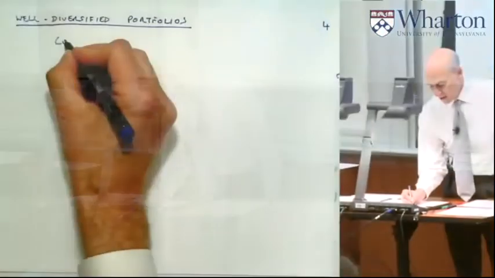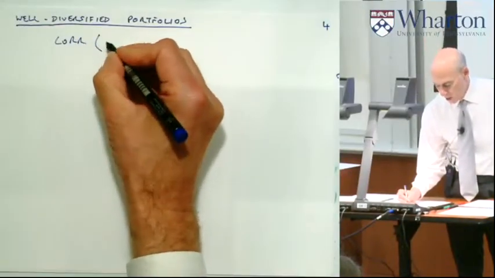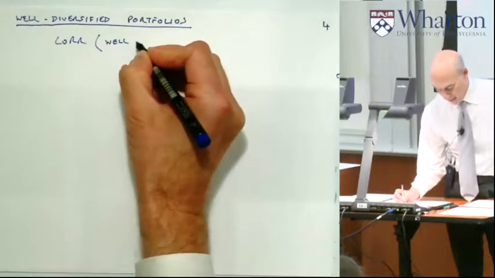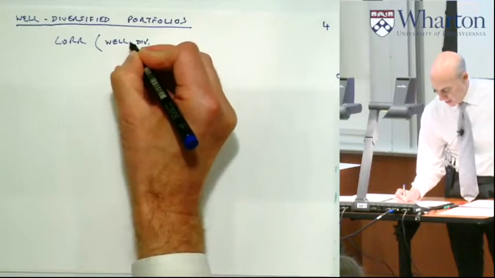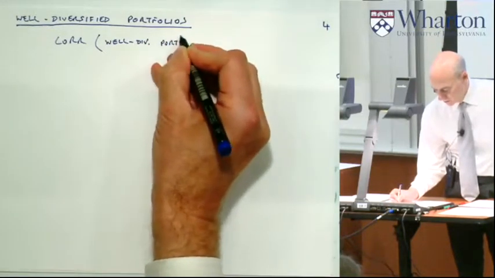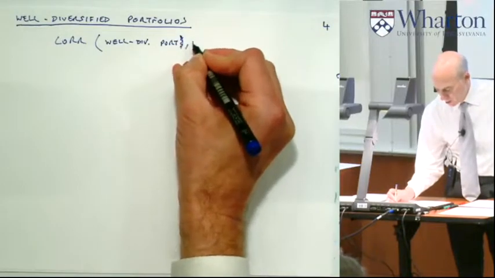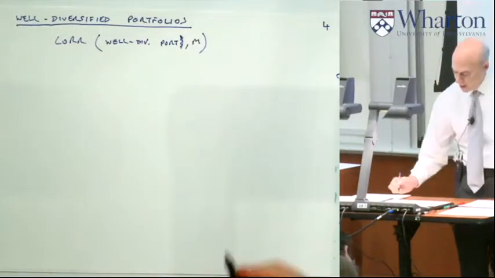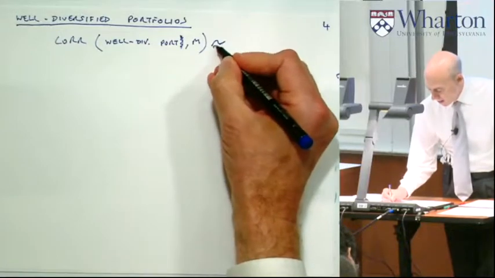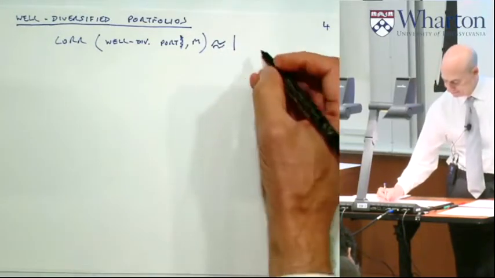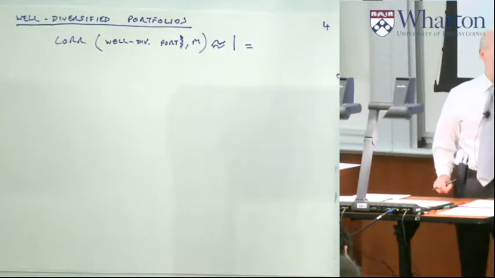So we're going to have that the correlation of a well-diversified portfolio with the market, M, is approximately 1. You remember what the definition of a correlation is?